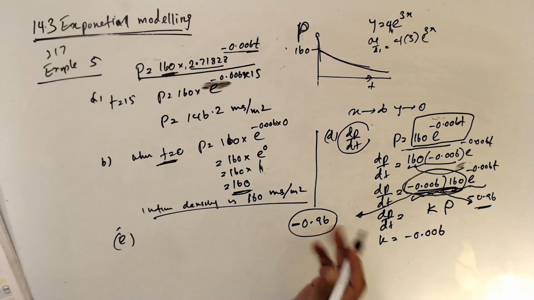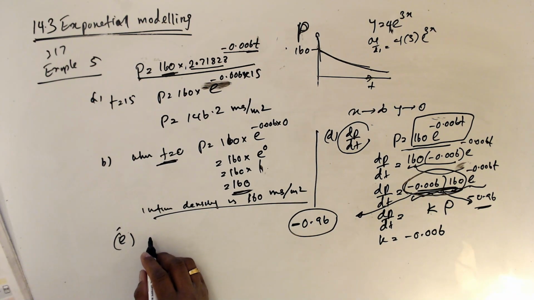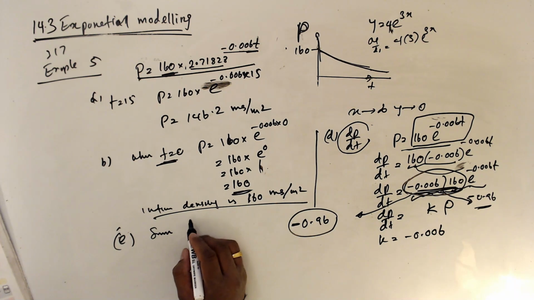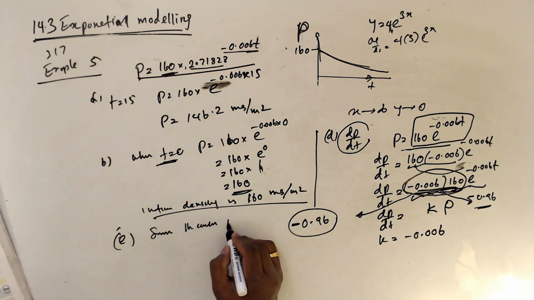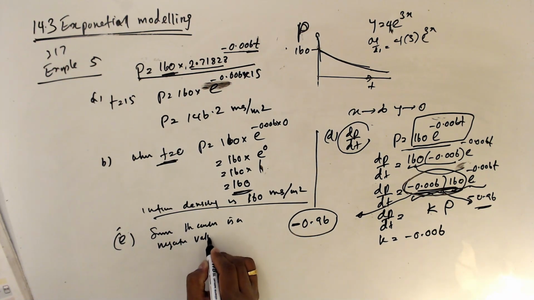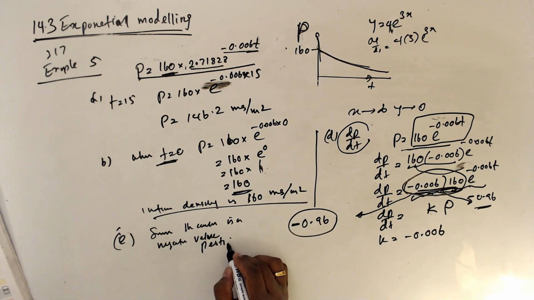If it is positive, it is increasing. This is something very important. Since the constant is a negative value, the pesticide is decreasing.